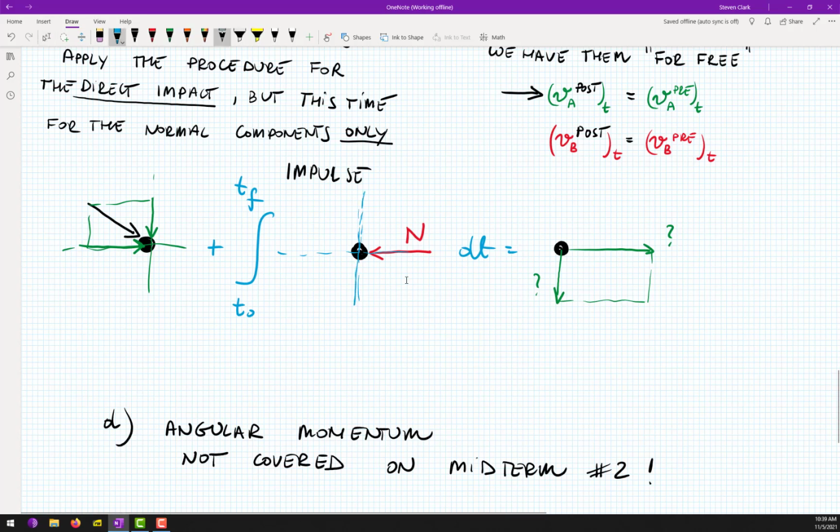So that means that this vector, let's call it V pre t, will be equal to V post t. That will be my answer. We have it for free. So this is the reasoning behind the term for free. Once you understand that, you don't have to do it anymore in your life.